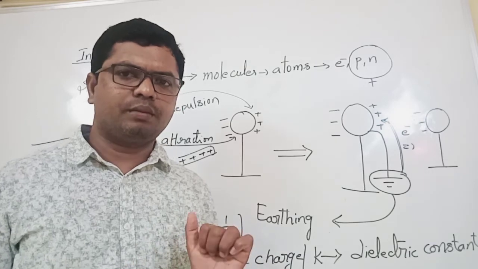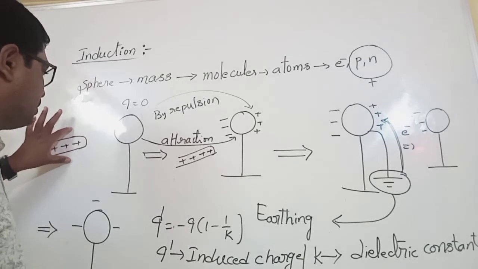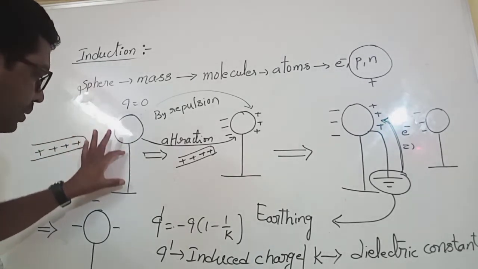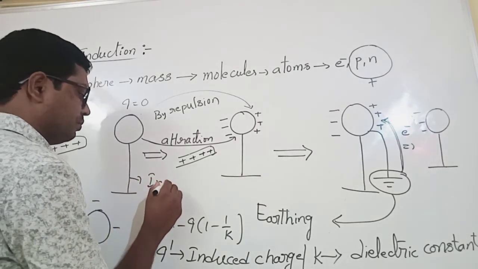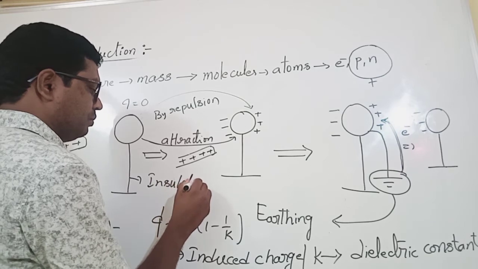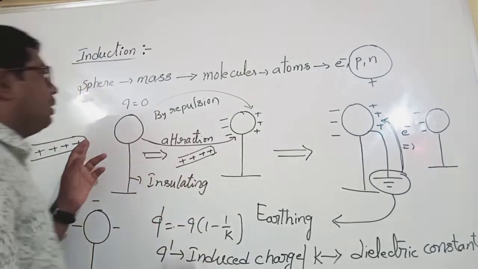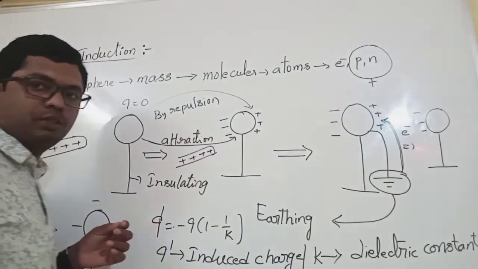Simply, once again repeating: this is a rod. We brought the charged rod, a positive charged rod, to a sphere which is kept upon an insulating stand. Molecule, electron, proton and neutron.